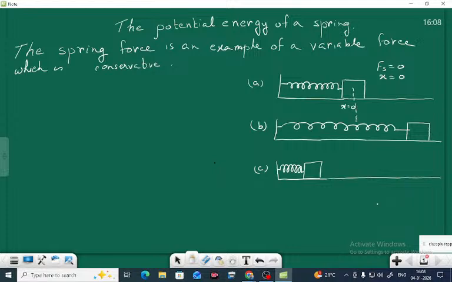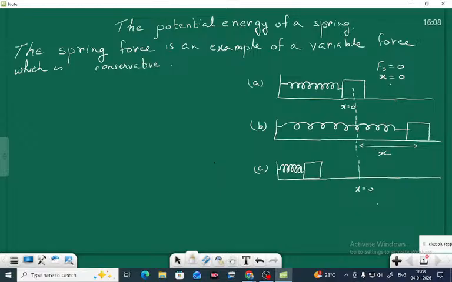This is the equilibrium position, that is x equal to 0, and at this position the displacement is x.